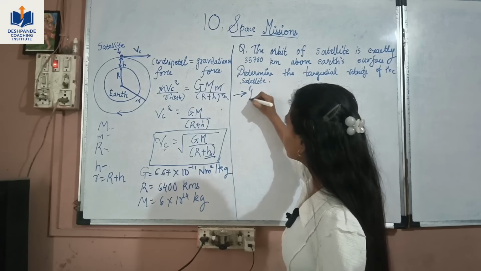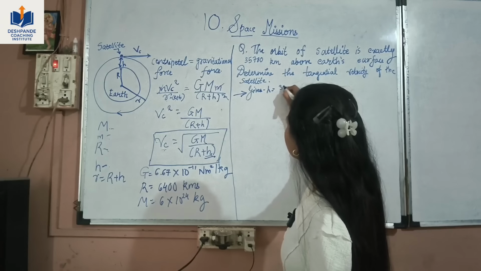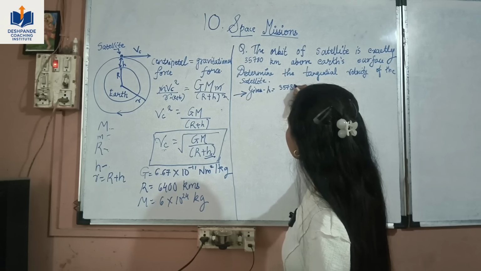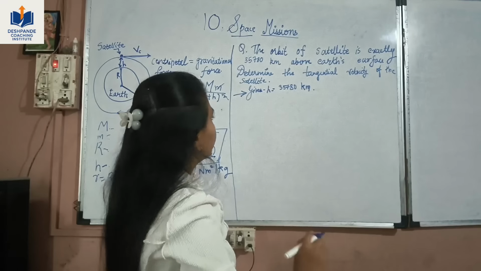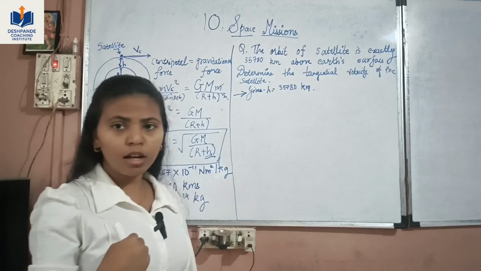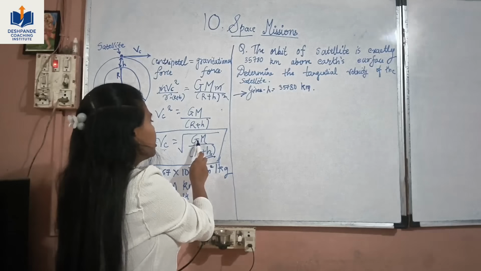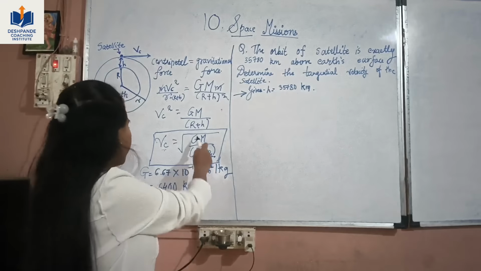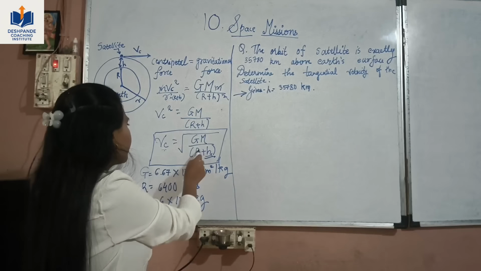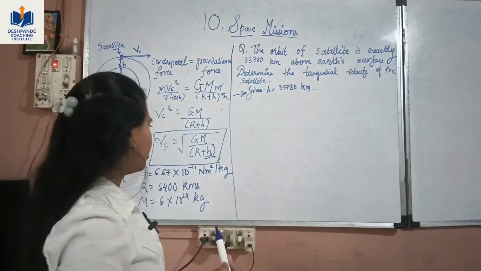So we can write, given height is 35,780 kilometers. Then for finding out the tangential velocity or the critical velocity, we need G, M, R and H to substitute in this formula. But we have G, we have R, we have M and we also have H. Now we can easily find the value.